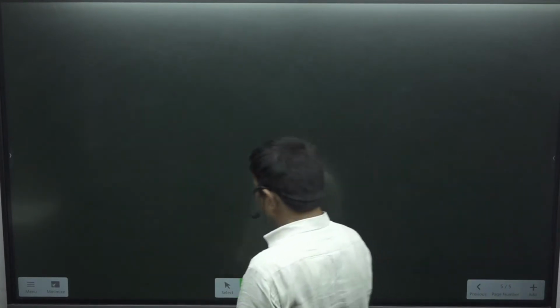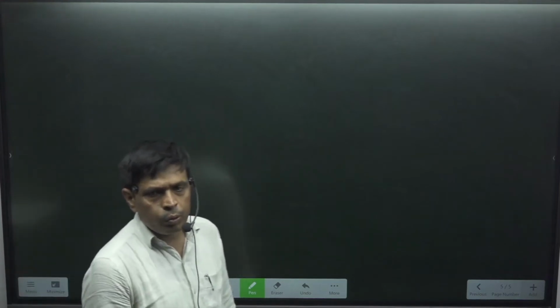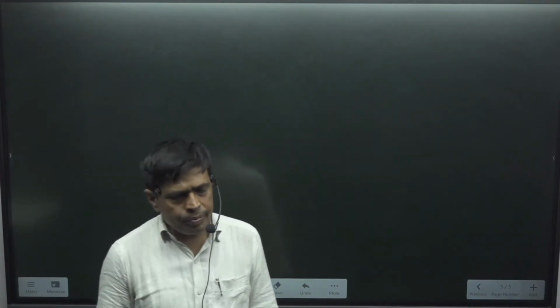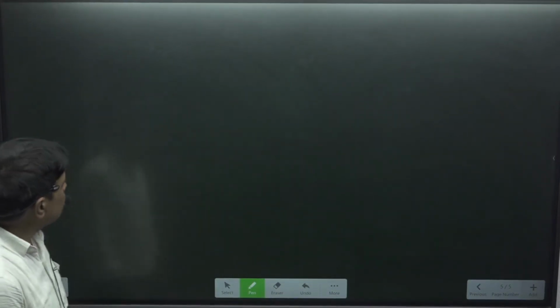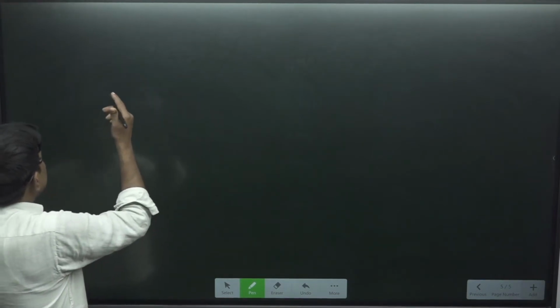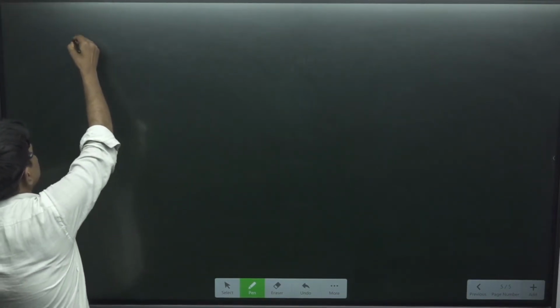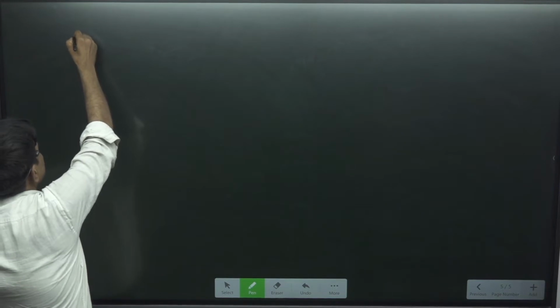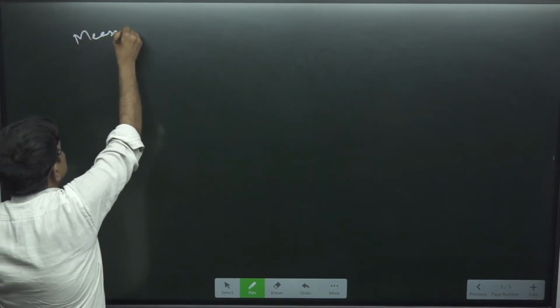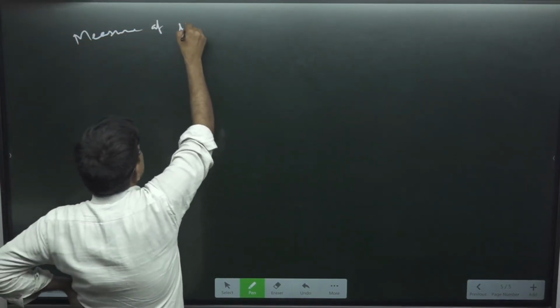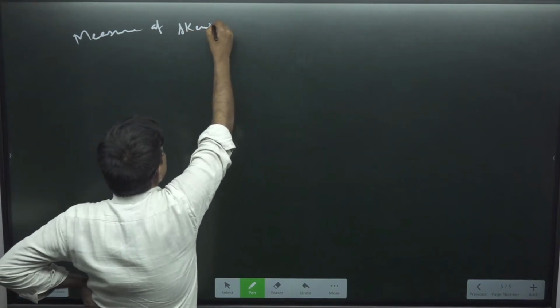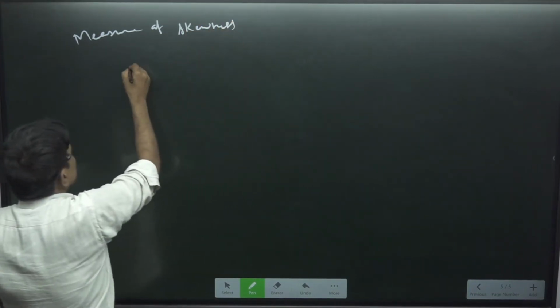Now how to calculate the skewness of asymmetric data. According to Karl Pearson, the measure of skewness is denoted by SK.